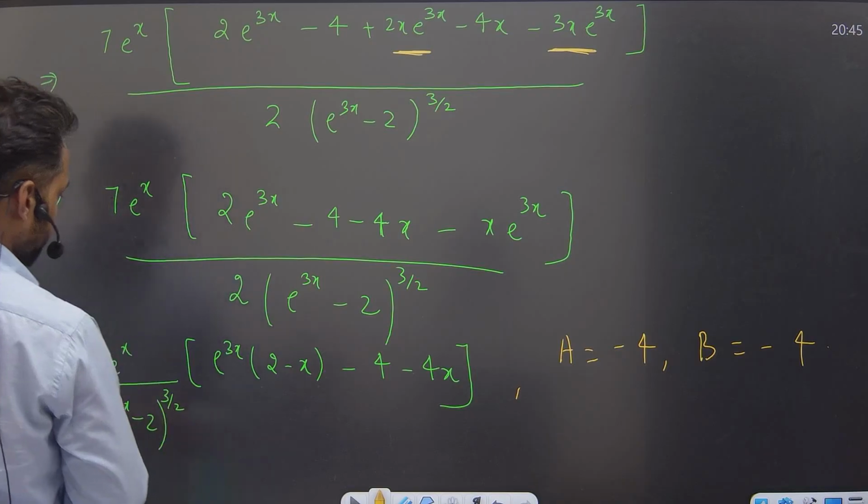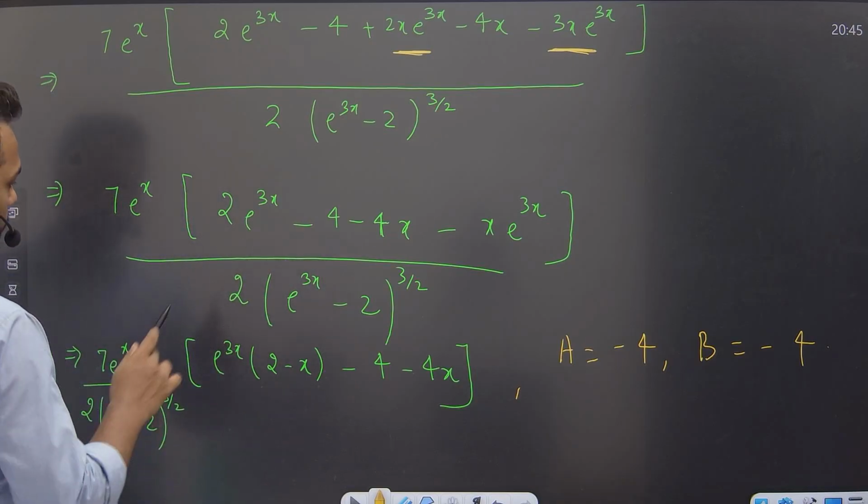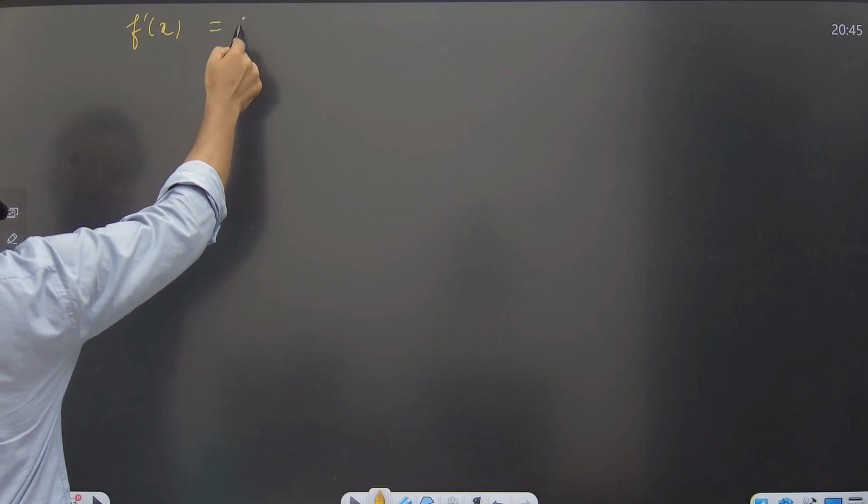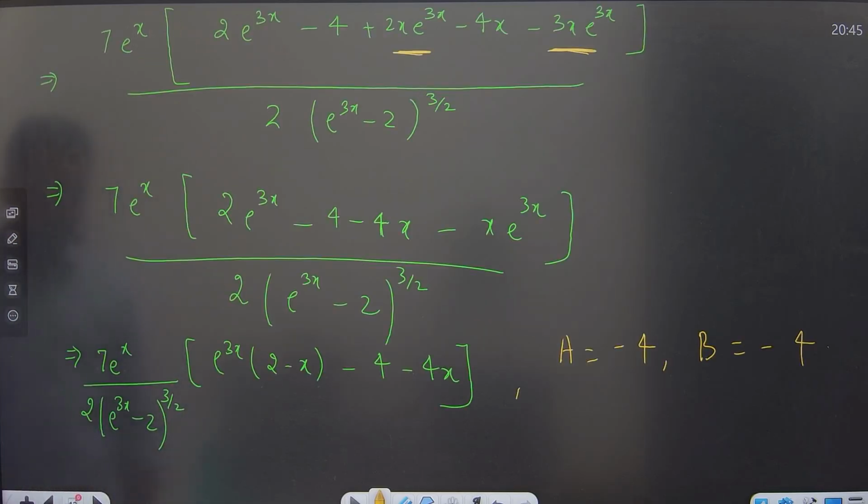This part needs to be kept as f prime x. Now what we need to do, we are keeping this part as 0.